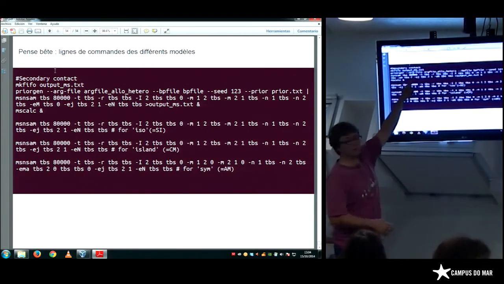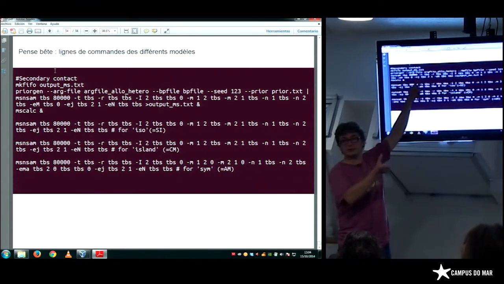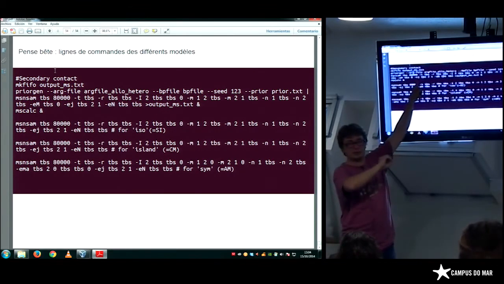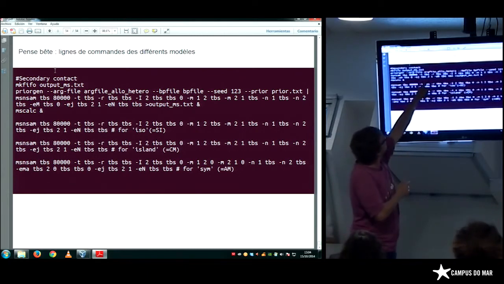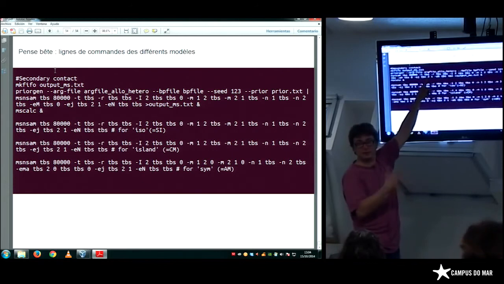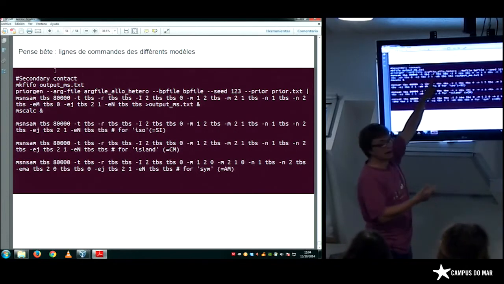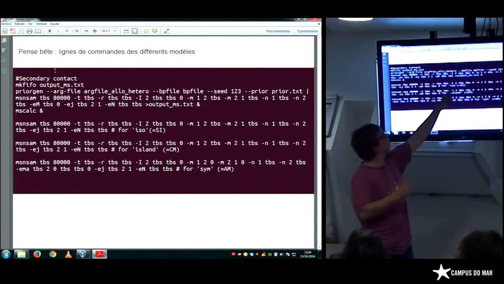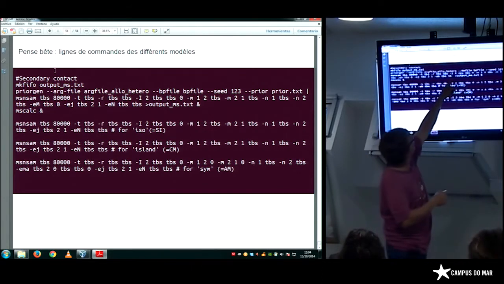Here it's the number of simulations, 80,000. This is not something that we call in a program. It is directly in the command line. Theta is the mutation rate scaled by the population size. R, the recombination rate, is called in a text file.